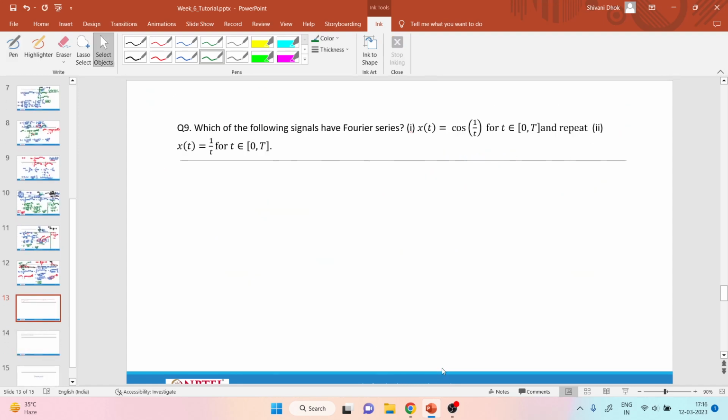Okay. Now the next question is a bit simple one, but it is on the existence of Fourier series. So we have Dirichlet's conditions, which say that if the following three conditions are not satisfied, then the signal won't have a Fourier series. The three conditions were: first, the signal should be absolutely integrable over a period.